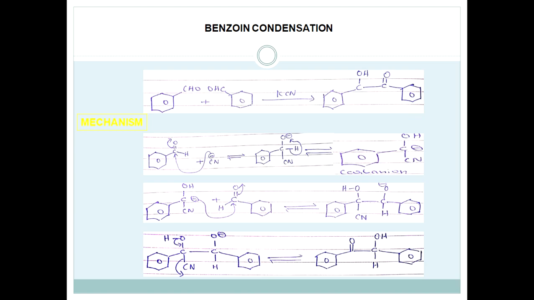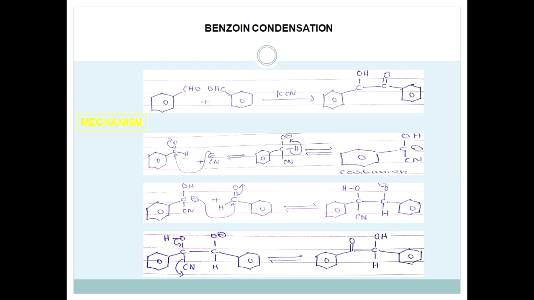So what is the mechanism behind this benzoin condensation reaction? Benzaldehyde belongs to a class of compounds called acyl anion precursors. So this reaction is not successful with aliphatic aldehydes. Benzaldehyde, which does not contain an alpha hydrogen atom, is not capable of giving aldol condensation.